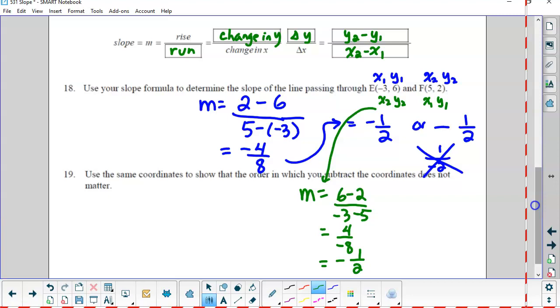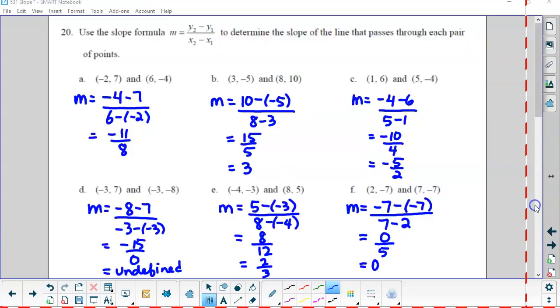Okay, so I'm going to give you a few minutes to do question 20 using the formula. Okay, so there are all the slopes of those 6 sets of points. You'll notice that in D, if you use the formula, you get 0 in the denominator, which means the slope is undefined.